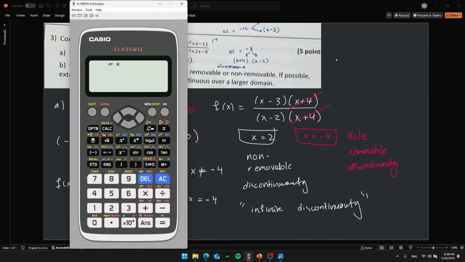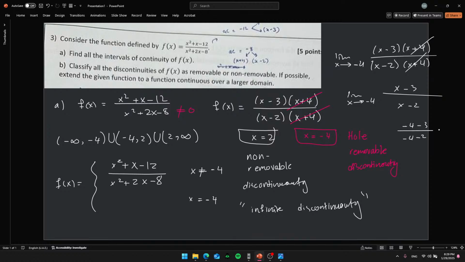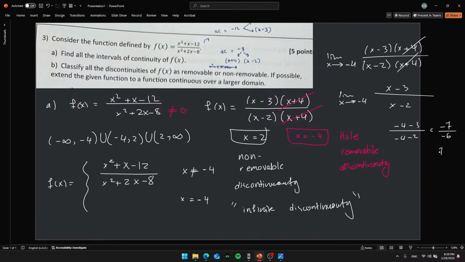Let's solve the limit first. Limit as x approaches negative 4 of x minus 3 times x plus 4 over x plus 4 times x minus 2. These will cancel out. Limit as x approaches negative 4 of x minus 3 over x minus 2. Plug in negative 4: negative 4 minus 3 over negative 4 minus 2, negative 7 over negative 6, so 7 over 6. So when x equals negative 4, I want the value of the function to equal 7 over 6.